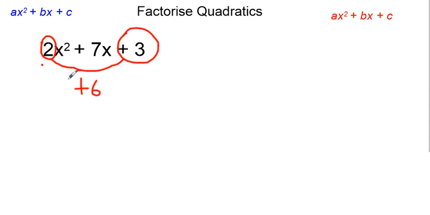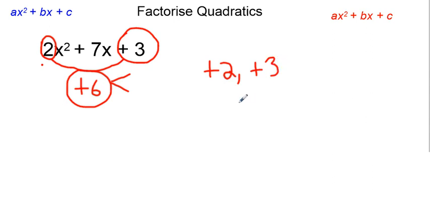Now we need two numbers that when we multiply together will give us plus 6. What are the possibilities? Okay, we can have plus 2 multiplied by plus 3. Don't forget the signs are very important.